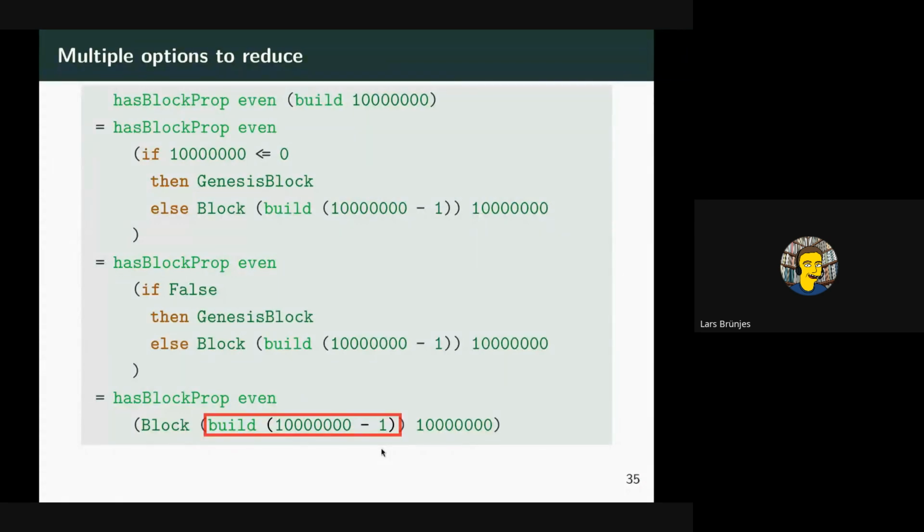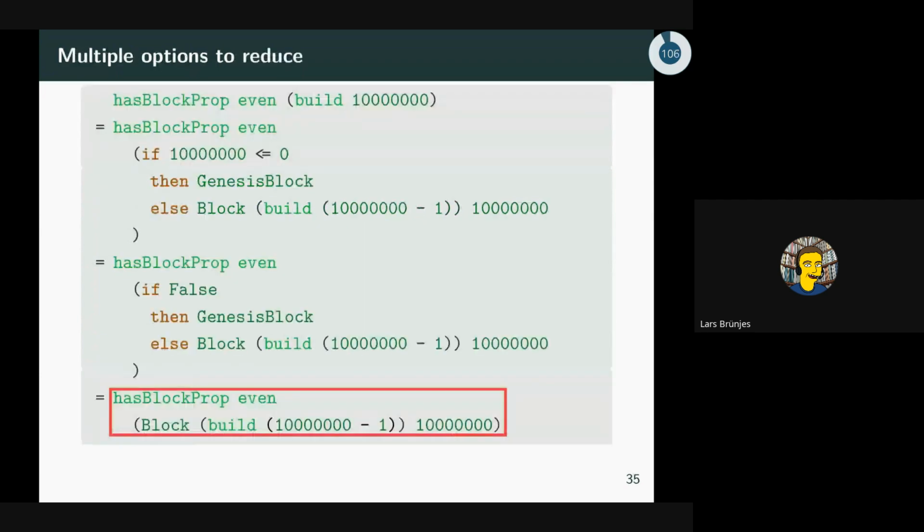And so now we have done basically one step, and we end up with almost the same thing, hasBlockProp even, but now the argument, which was build of 10 million, is now this, and we have a build of 9,999,999. And now we could, of course, do the same thing again.